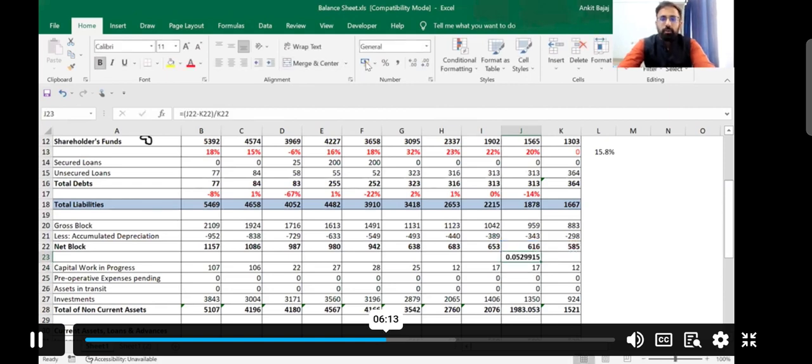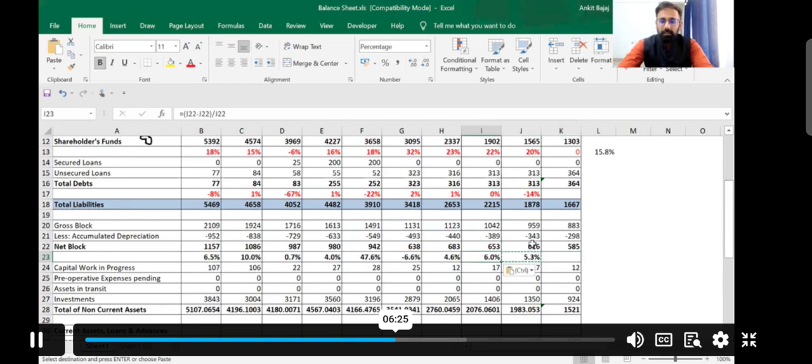So if you see, there is a growth of 5.3% in asset value. I will copy this data and we will see whether assets are growing or not.